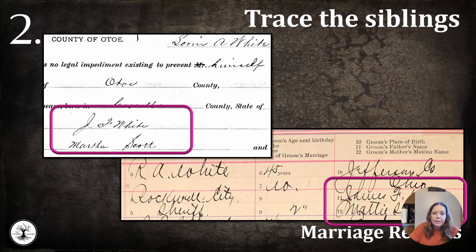Looking at this example here, I've got Lauren White, who lists on his marriage record that his parents are J.F. White and Martha Scott, whereas Ross White lists his parents as James F. White and Maddie Scott. So those are clearly the same parents.